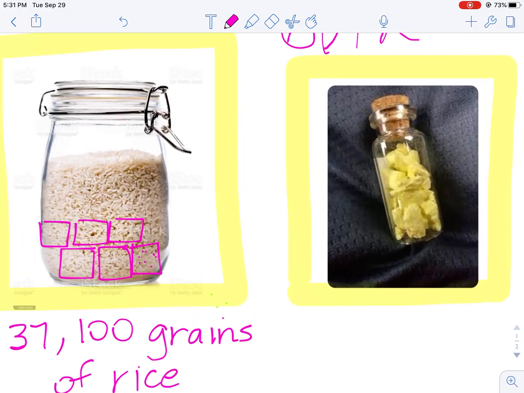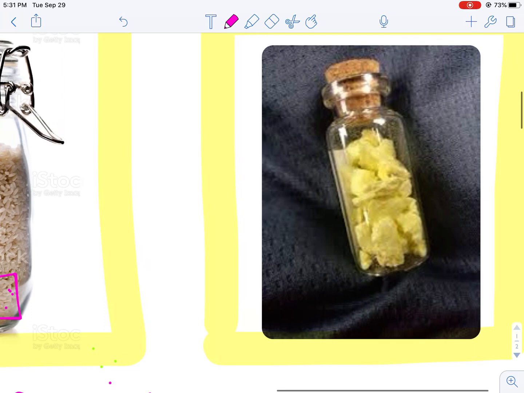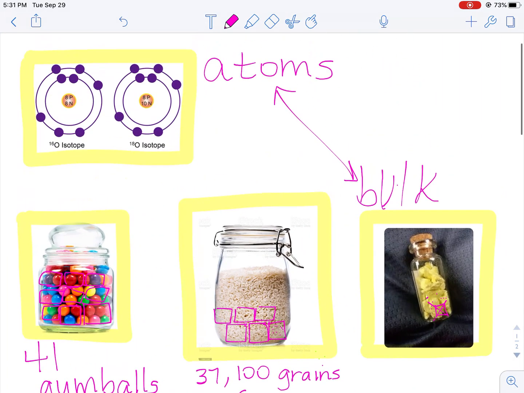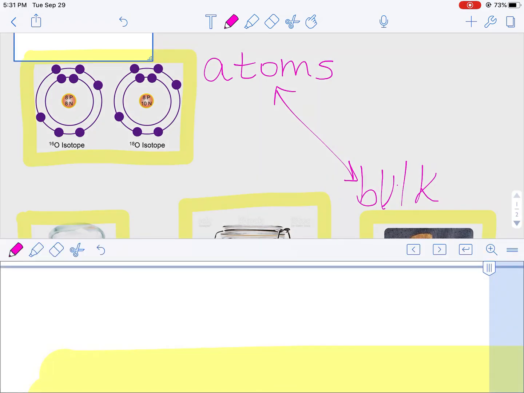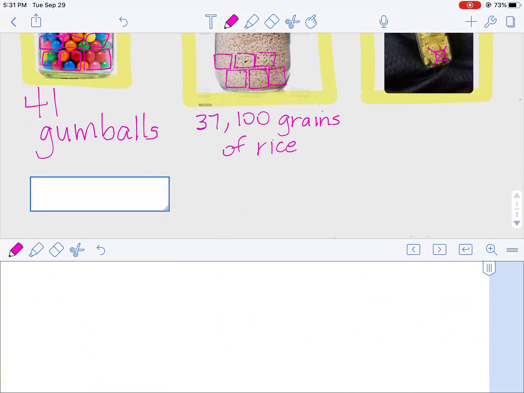Well, when we now get to the element or the bulk state of matter here, we can't do that anymore. We can no longer section out and count how many atoms there are. It's impossible. And that's because atoms are so small we can't count them. Let's jot that down so that we can explain this analogy here.